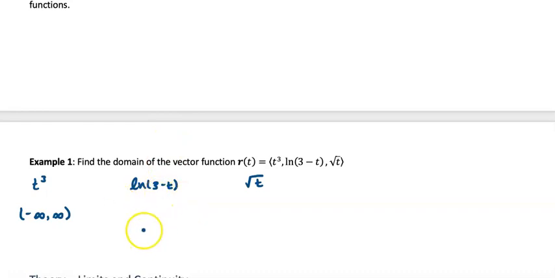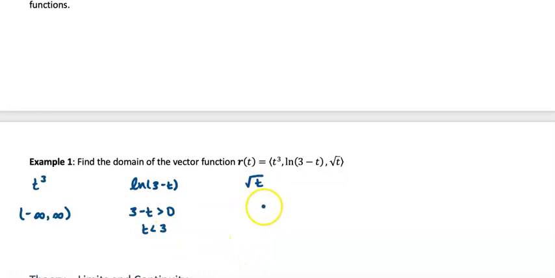We also can't have the natural log of 0, so that leads us to the conclusion that 3 minus t must be greater than 0. If that's the case, by adding t to both sides, we get that t must be less than 3. So t must be less than 3 for the y component to be defined.